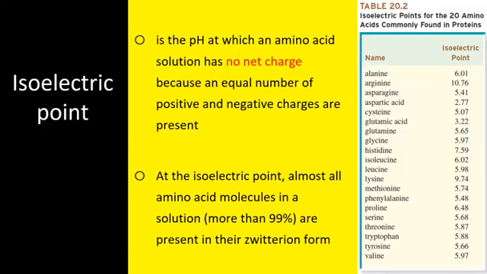We can measure the isoelectric point of an amino acid or of a protein by observing its behavior in an electric field. If there is an equal number of positive and negative charges, of course we can see in the process that there will be no movement.